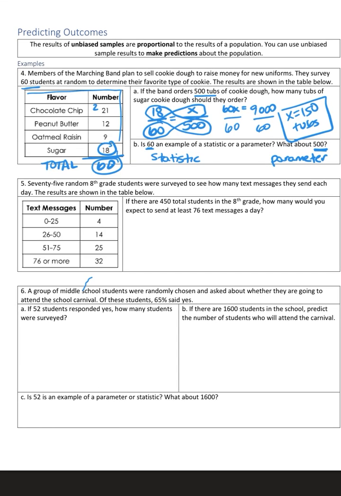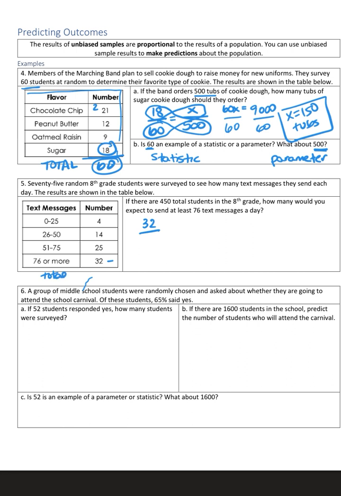So there are 450 total students in 8th grade. How many would you expect to send at least 76 text messages a day? So 76 or more is 32. But we need to get a total.